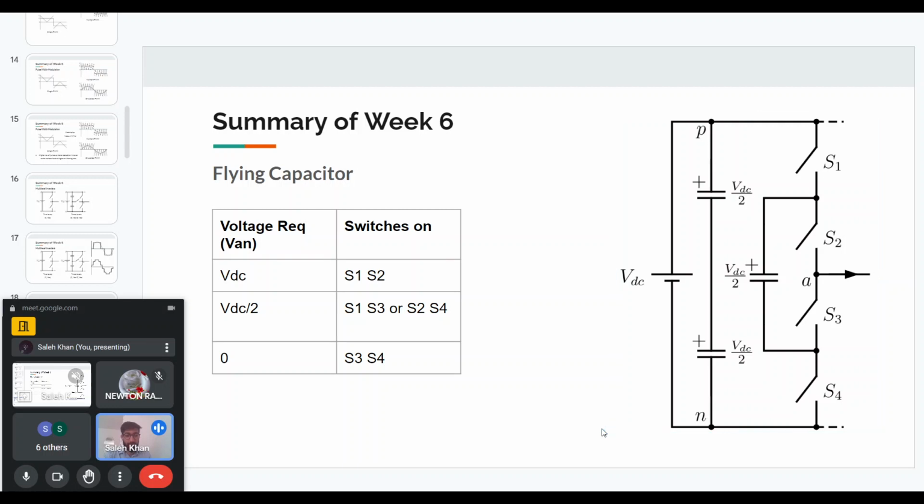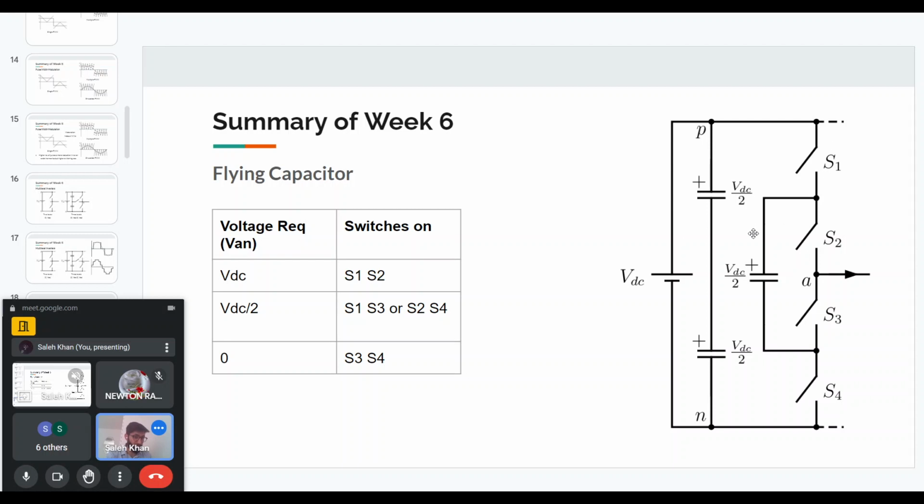Now if we want VDC by 2, we have 2 options. One option is we just turn on S2 and S4, because then the current goes through this middle capacitor, so we get VDC by 2 at the output. But there is another option. We can turn on S1 and S3, and in that case, it will be VDC minus VDC by 2.